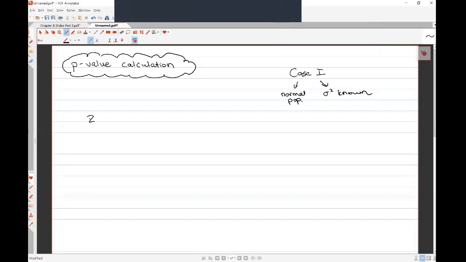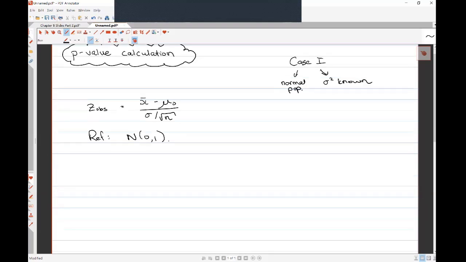So our test statistic, z observed, is calculated as x bar minus mu naught over sigma over square root of n, and we know this quantity uses as a reference a normal 0-1 distribution.